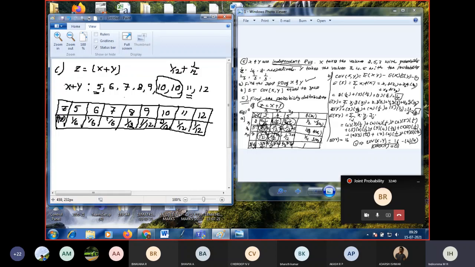Is this clear? 10 I got 2 times, so I got 2 probabilities. You should take both the probabilities; the chances from both you should add. Now what is the condition in the probability distribution? What is the sum of all the probabilities in the distribution?